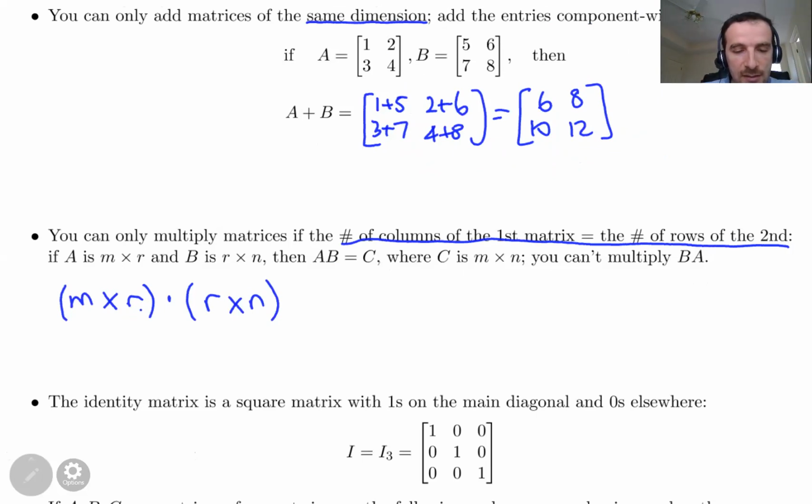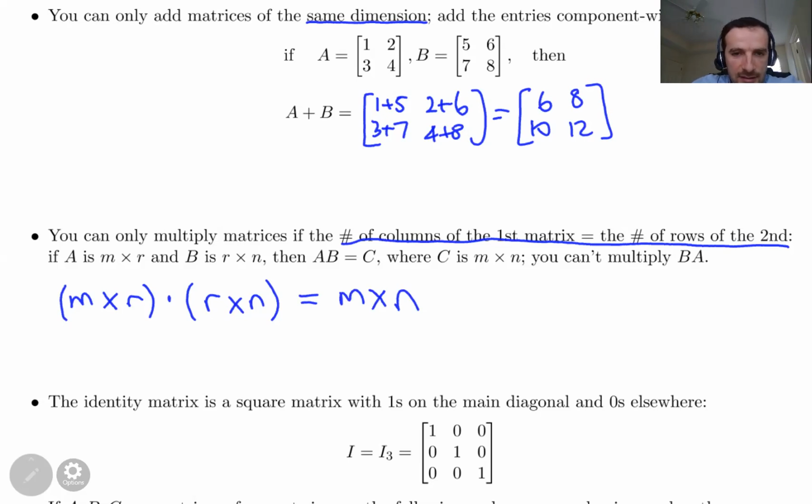Remember, the second number in a matrix's dimensions shows the number of columns. So the number of columns is r here, and the number of rows is r here. So they are the same, so I can multiply them, okay? And the answer would be an m by n matrix. You just cross out these r's and take m and n, all right?